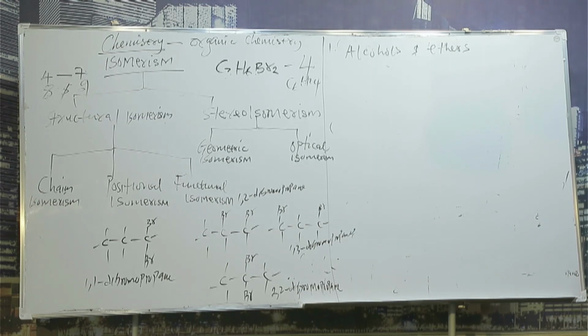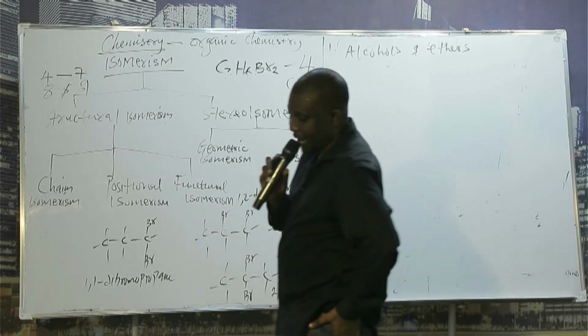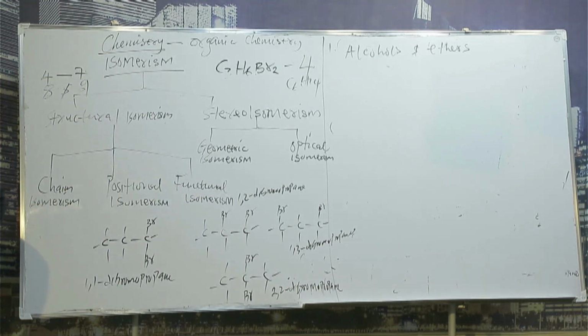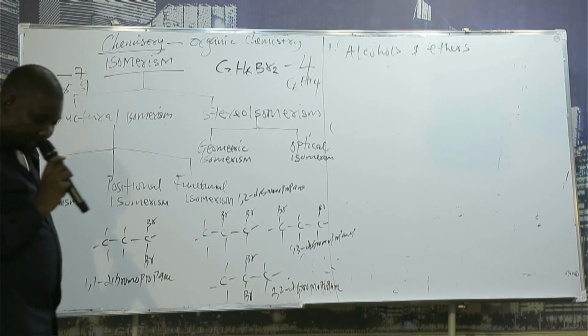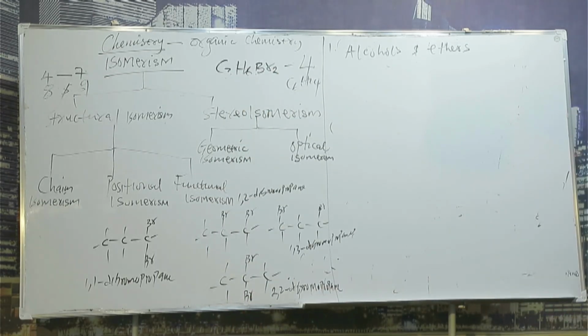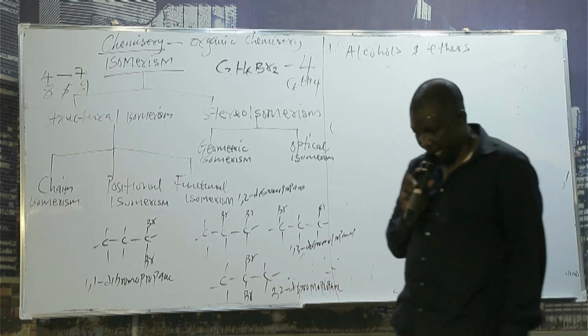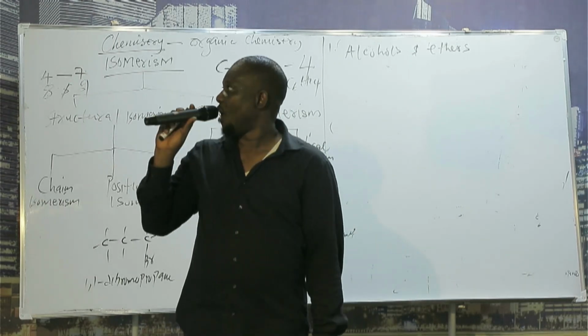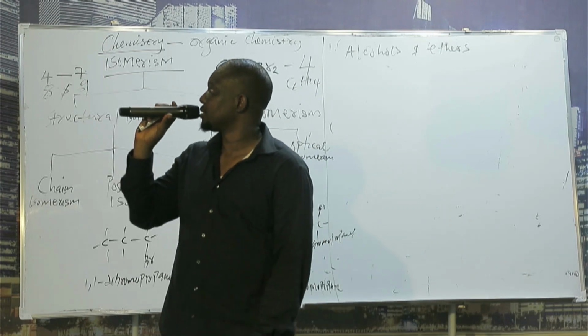Ethanol, or ethyl alcohol, and dimethyl ether are functional group isomers.